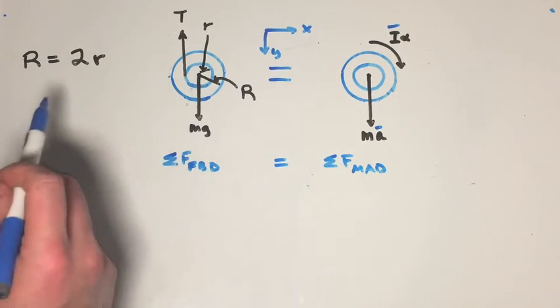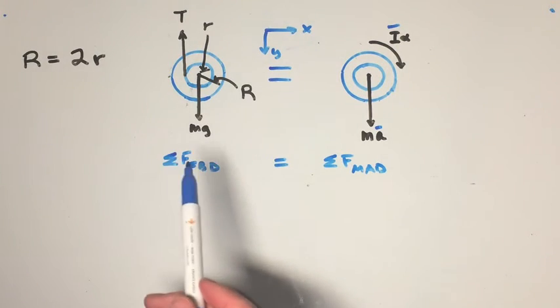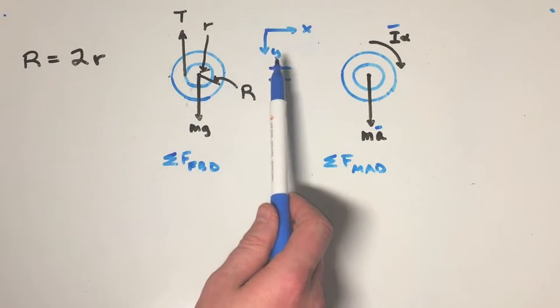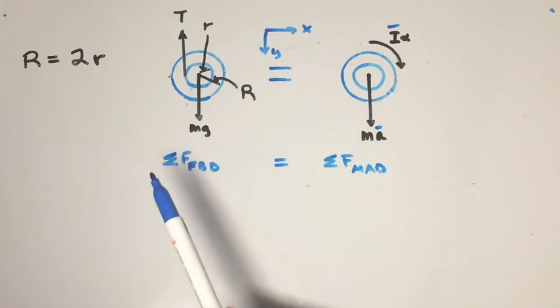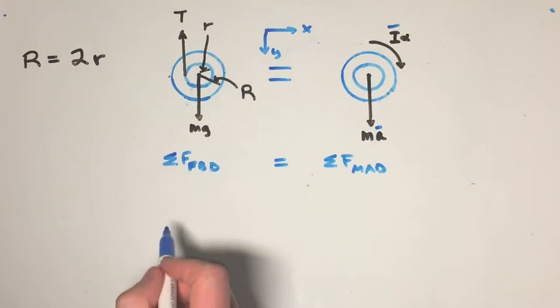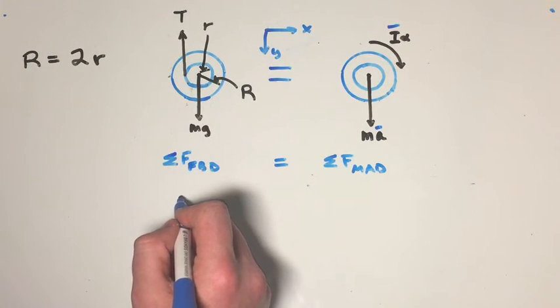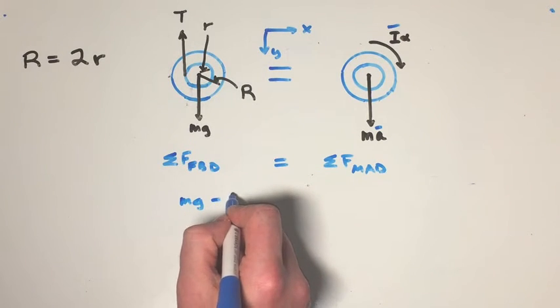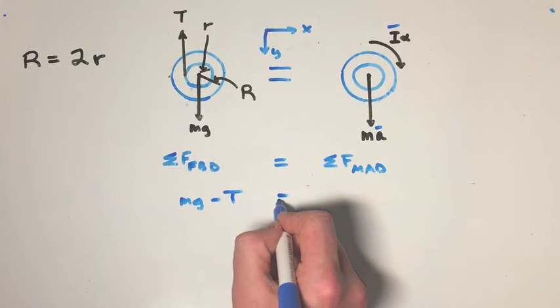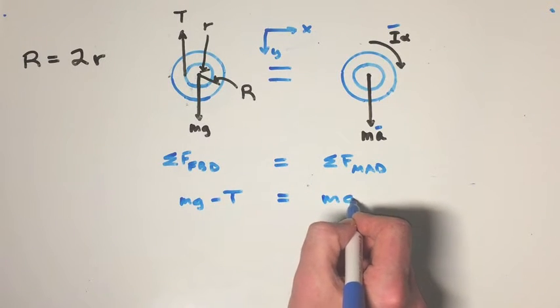And in this case, we've set our coordinate axes to down is positive y, and to the right is positive x. So in this case, our forces will be mg minus T equals ma.